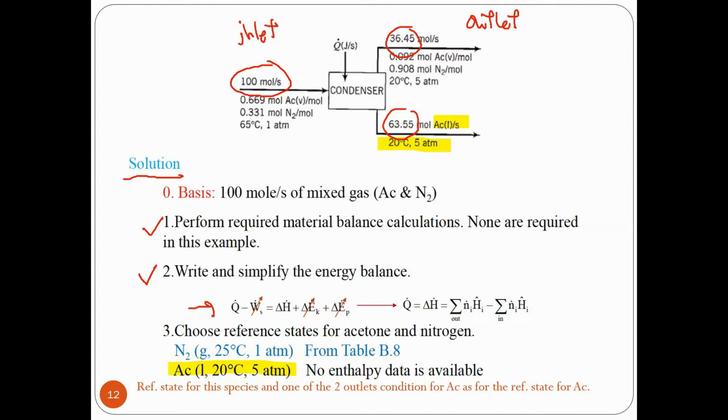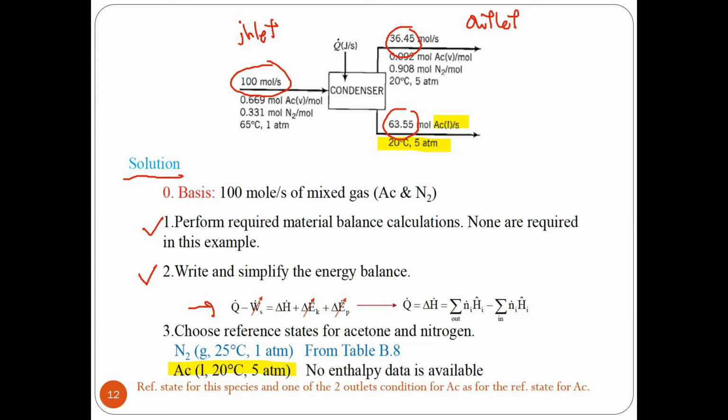It is Q rate minus the shaft work rate equal to change of enthalpy rate plus the kinetic energy rate plus the change of potential energy. As you can refer back to this system, it doesn't state any moving parts, and there's no energy transferred by electricity or radiation.